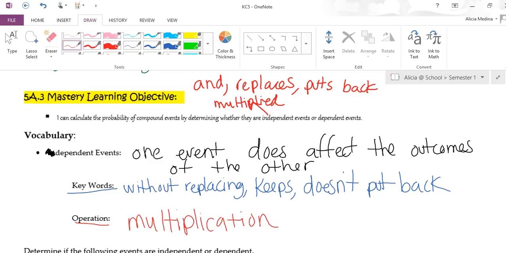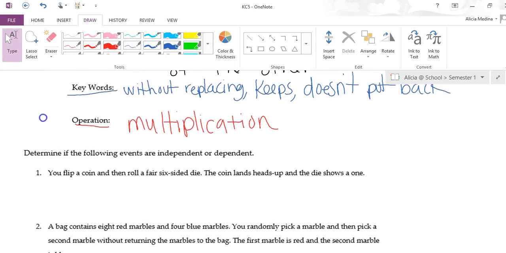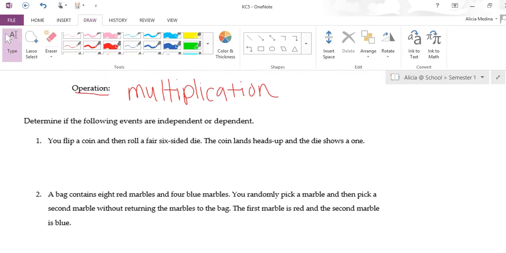Alright, so for this first activity, all we're actually doing for these first four examples is just determining if it is independent or dependent. So let's read some of these. So the first thing is you flip a coin and then roll a fair six-sided dice. The coin lands heads up and the die shows a 1. So the first thing is, do we see any of these keywords?